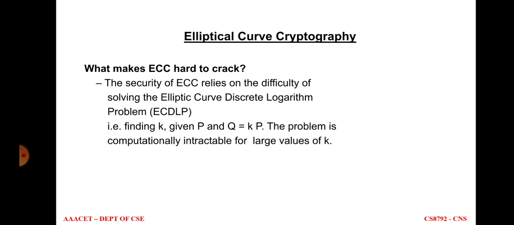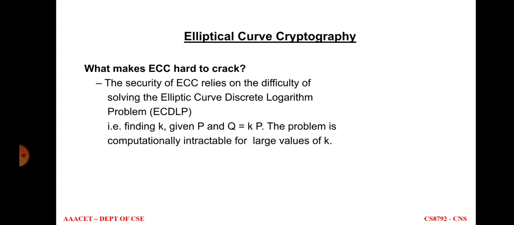So the last one is what makes ECC hard to crack. Hope you all know what is ECC. The security of ECC relies on the difficulty of solving the elliptic curve discrete logarithm problem, because as I already said, point multiplication is the main operation in ECC, and the inverse of point multiplication is nothing but the logarithm problem.